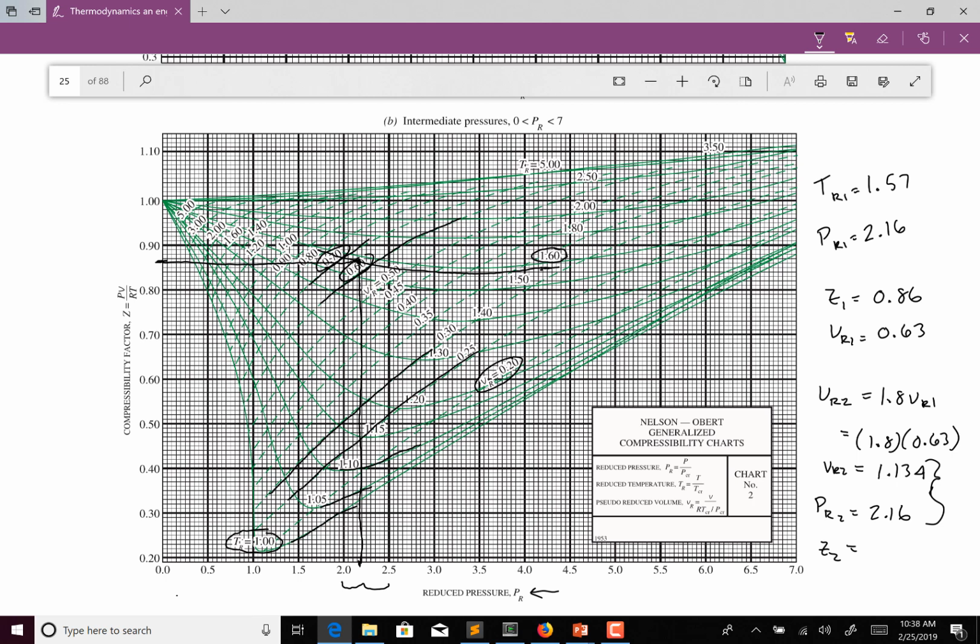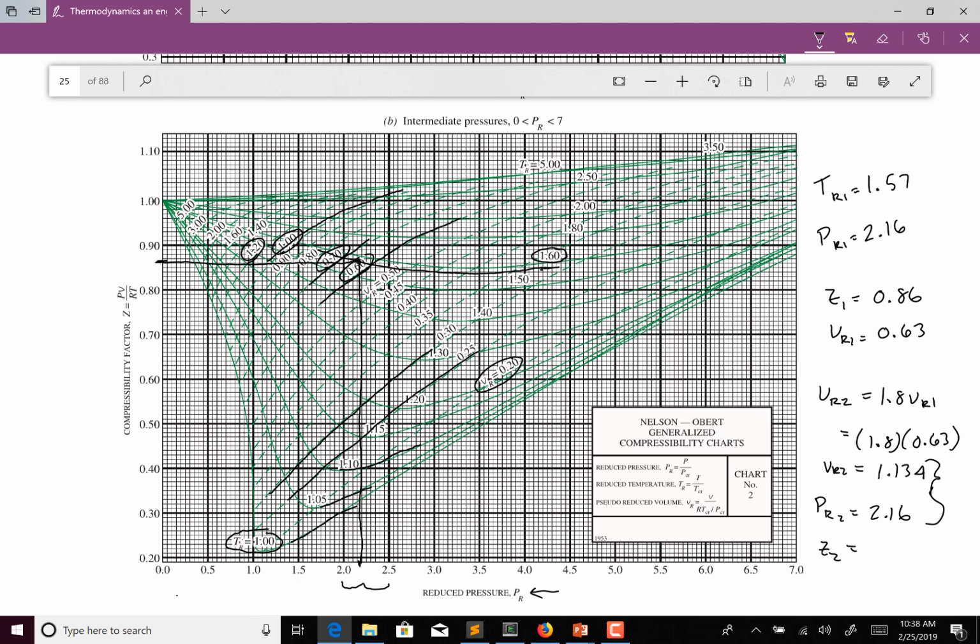I already know that 2.16 is already marked, so I'm going to find where that crosses the specific volume line at 1.134. Looking at the specific volumes, here's 1, here's 1.2. So this is going to be somewhere between 1 and 1.2, closer to 1. So let's just mark this line.